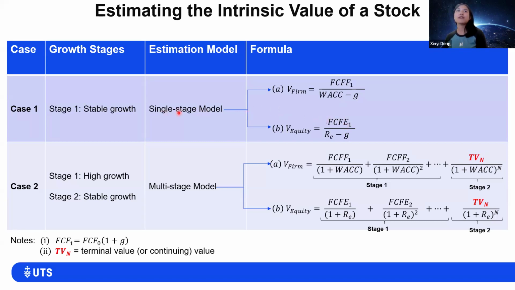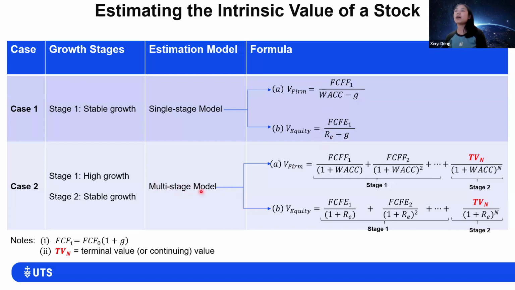So no matter whether we are facing the single stage model or the multiple stage model, when comparing those two formulas for the single stage model, we find that we're just replacing WACC with RE.